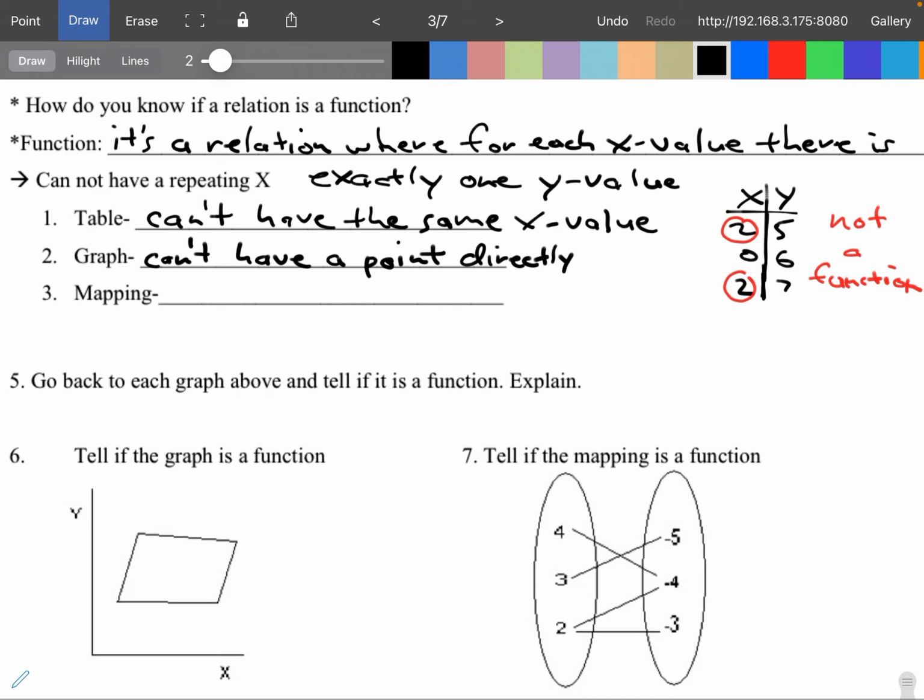You can't have a point directly above or below another point. I'm going to continue this definition down here.